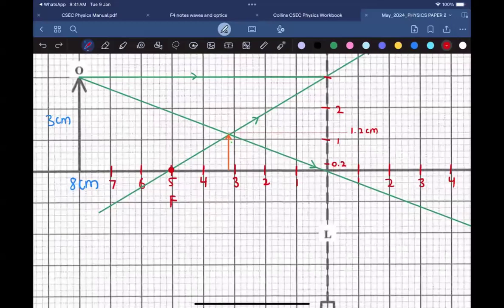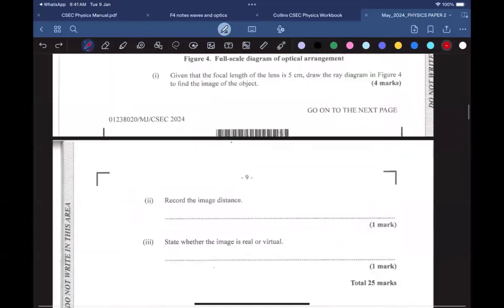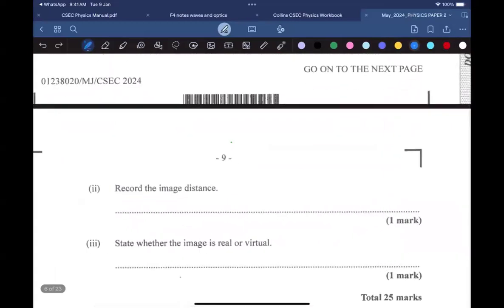Oh, okay. So 3.2 centimeters away. Yeah. And this last question is quick. Was the image real or virtual? The image is virtual. Right.